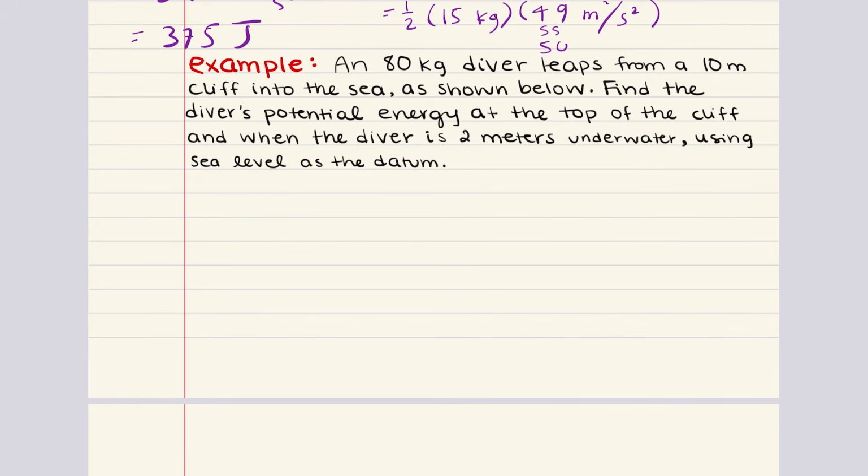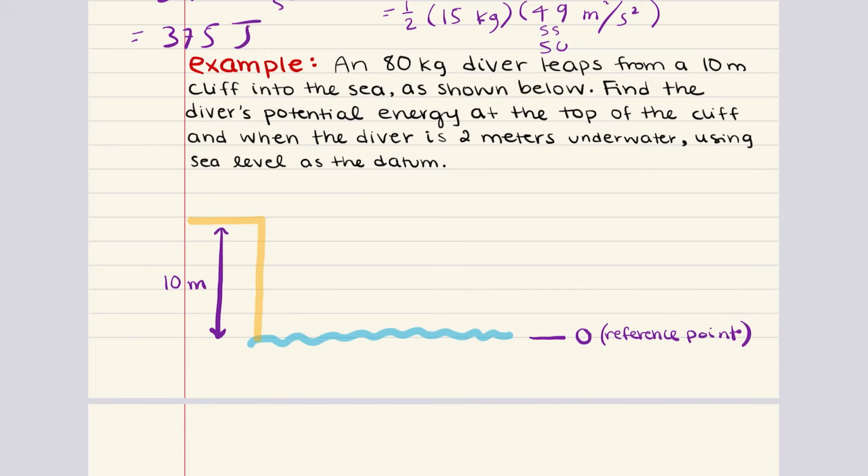This example reads, an 80-kilogram diver leaps from a 10-meter cliff into the sea, as shown below. Find the diver's potential energy at the top of the cliff and when the diver is 2 meters underwater, using the sea level as our reference point.